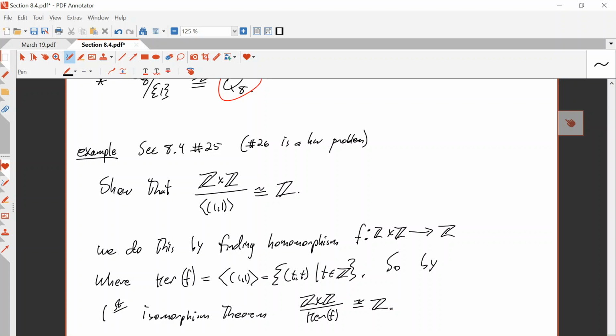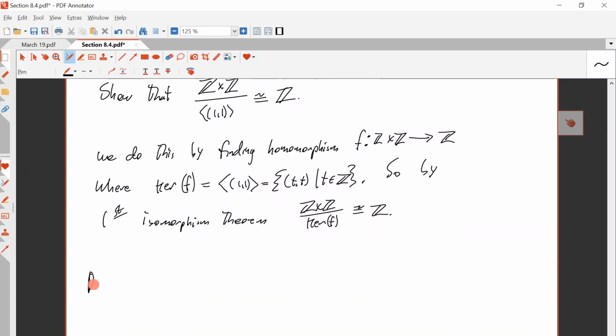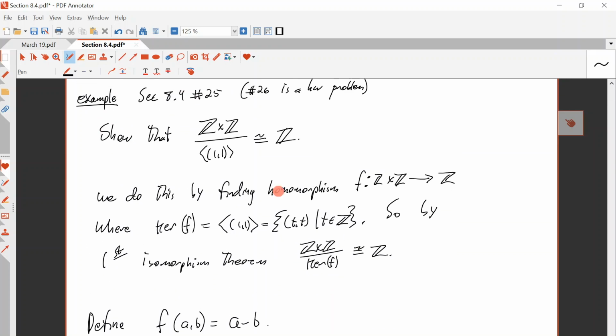It's not hard. Define f of (a,b) to be equal to a minus b. Certainly it's by finding a surjective homomorphism.